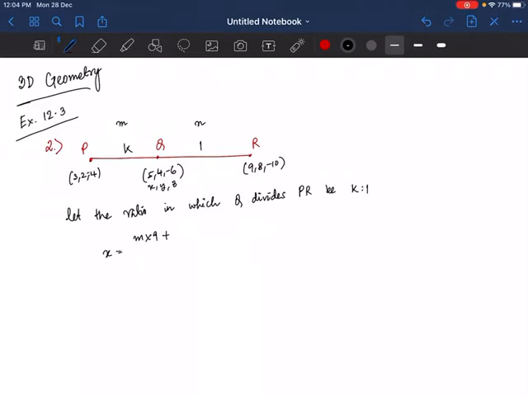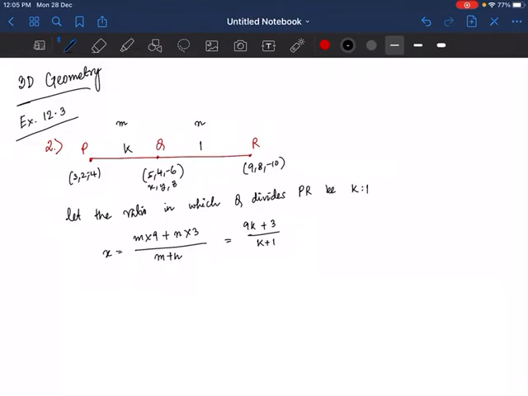So M into 9, then N into 3, divided by M plus N. But here the ratio is K is to 1. So we have 9K plus 3 divided by K plus 1.